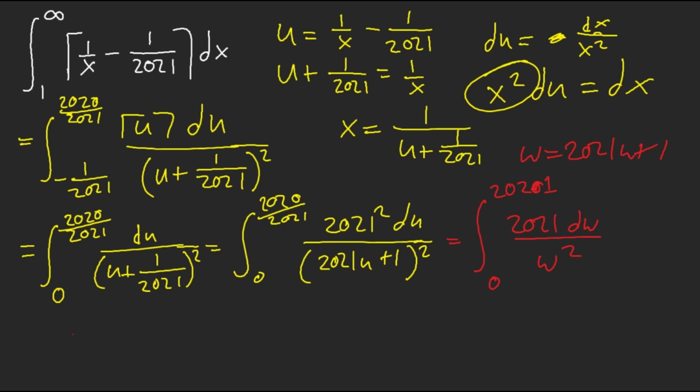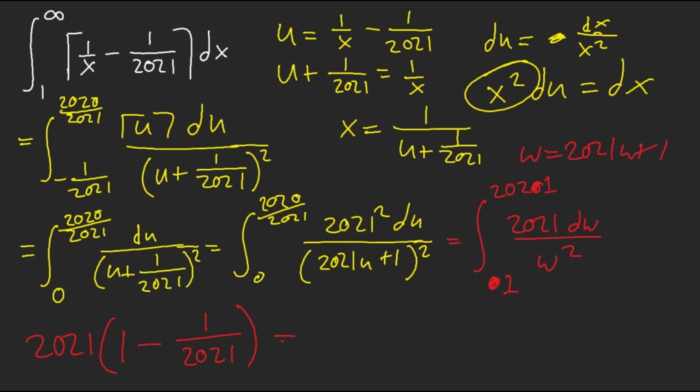And so it looks like this is going to give us 2021 minus, because it's going to be 1 over w. Right? Oh, I'm sorry. I was so confused. I'm like, wait, doesn't this diverge? That should be a 1. So now everything converges. So now it's just 1 minus 1 over 2021.